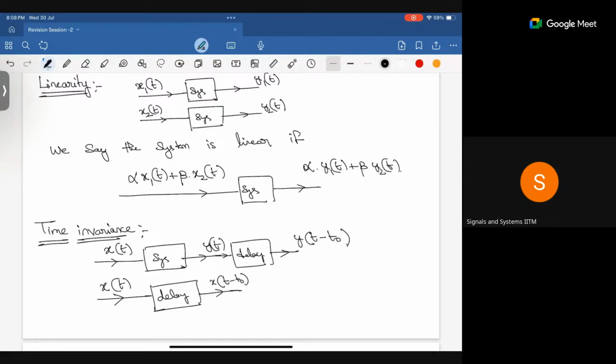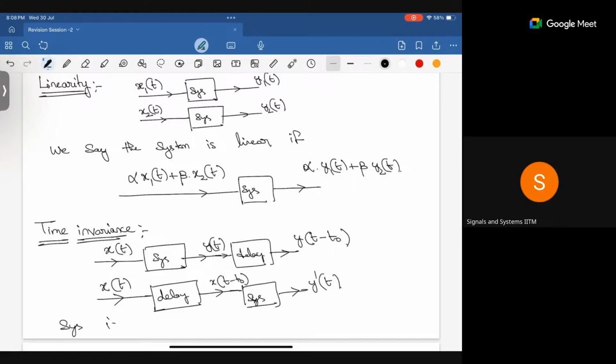Now this x of t minus t naught goes into the system, and the output, call it y prime of t, not y of t.